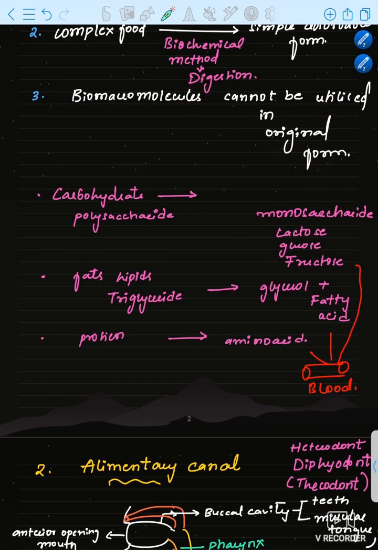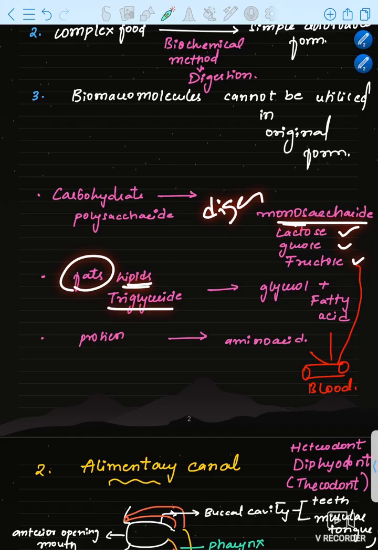So let me tell you a brief thing which is not mentioned in NCERT, just for knowledge. Carbohydrate, the complex compound, is polysaccharide. Polysaccharide, by the process of digestion, will be broken down into monosaccharides like lactose, glucose, fructose. And fats, that is lipids, triglycerides, will be broken down into di-, mono- and finally glycerol and fatty acids.